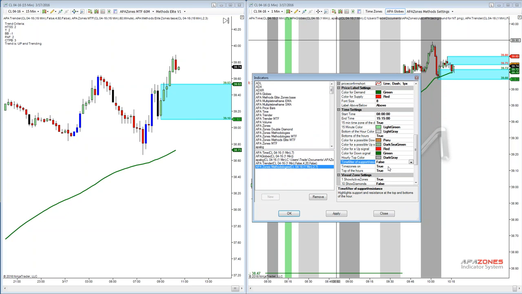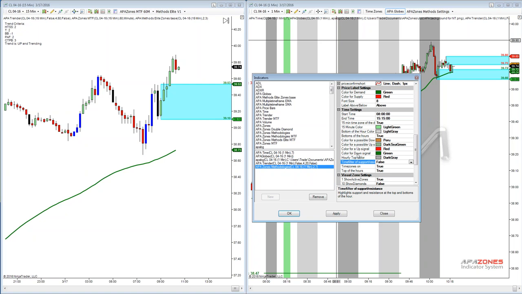If you choose not to filter them during the time of day, you're going to see a lot more little diamonds because, again, the methodologies is used on your entry time frame. Your entry time frame is always support and resistance.